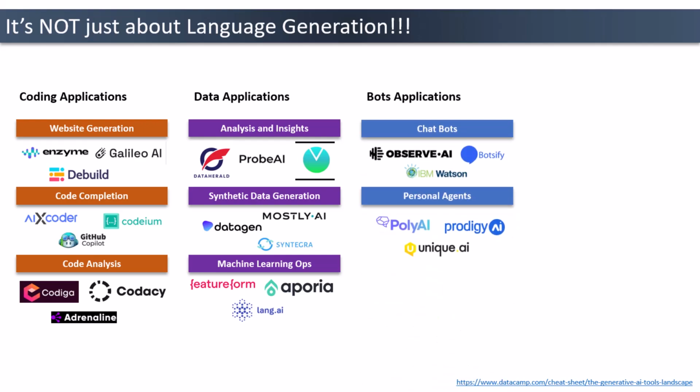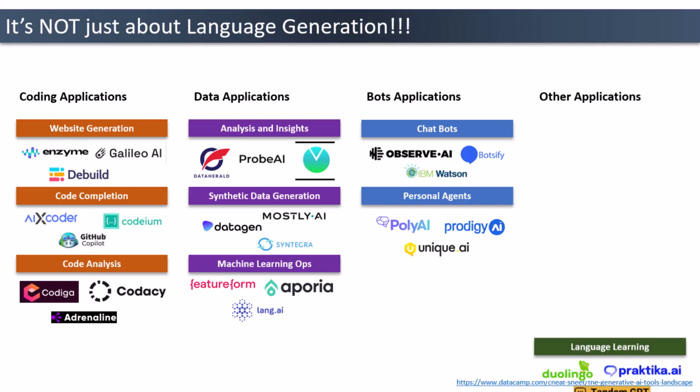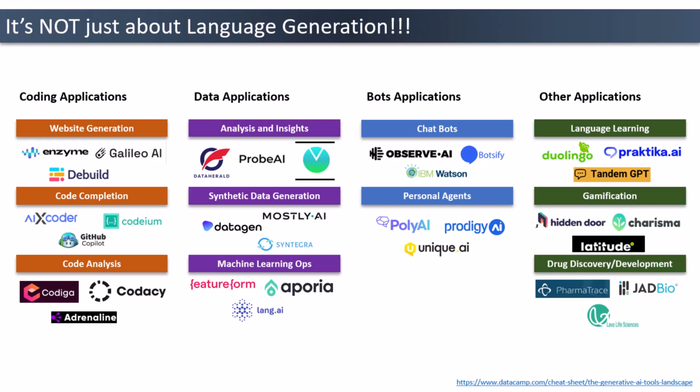Here's another round. Bots and bot applications. So chatbots are growing and personal agents are also aplenty out there. And finally, our random applications, language learning. I think we all know who Duolingo is. But there are applications that are starting to help us generate games just by putting in a few prompts, we can generate whole games.